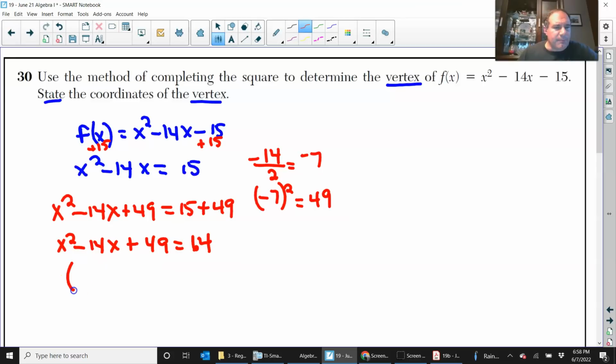So just remember, you have a trinomial here, and that's the product of two binomials, right? So remember, this number here is what is going to be inside the parentheses.